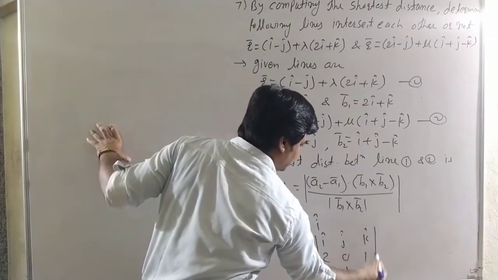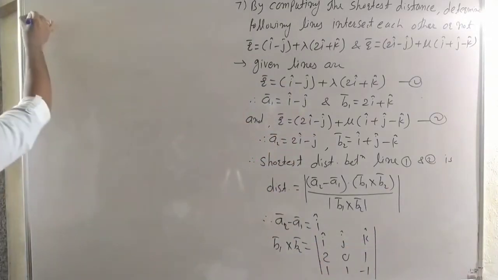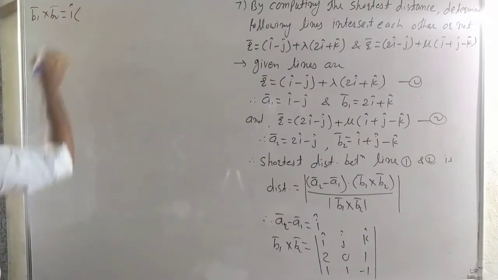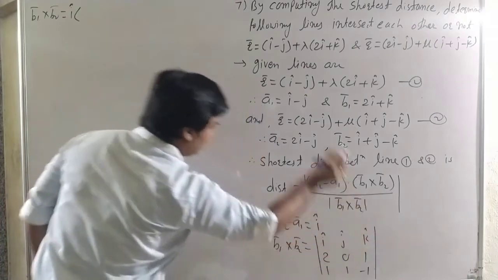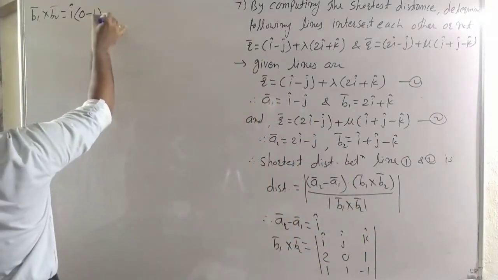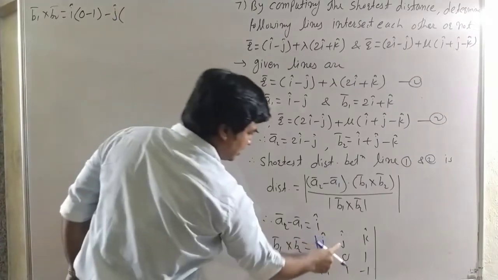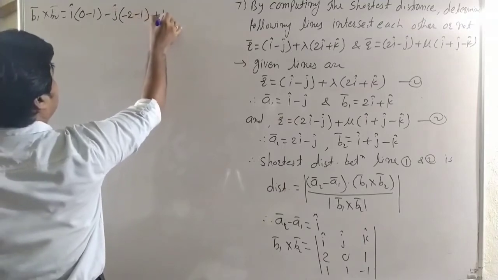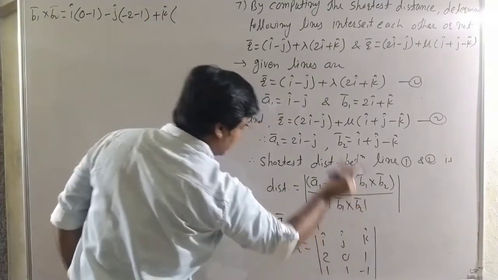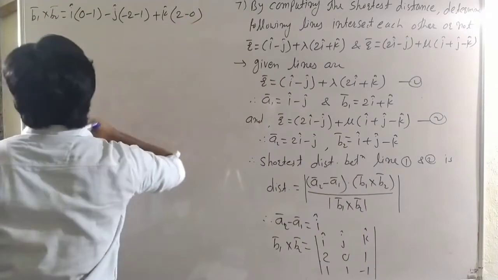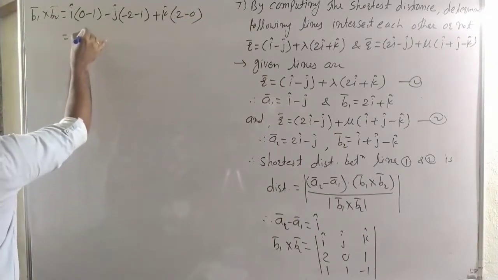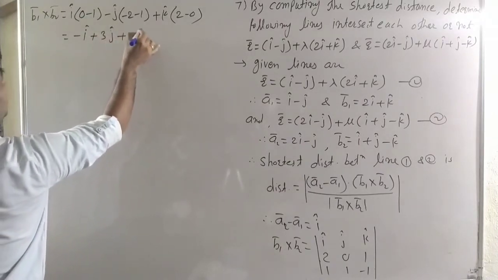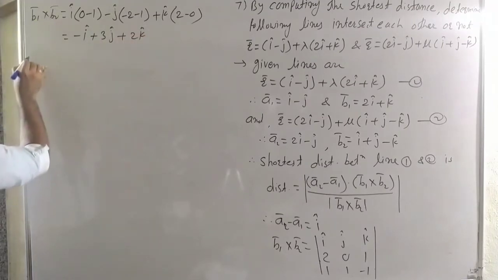Taking the cross product, b1 bar cross b2 bar equals i cap into (0 minus 1), minus j cap into (minus 2 minus 1), plus k cap into (2 minus 0). Therefore it is minus i cap plus 3j cap plus 2k cap.